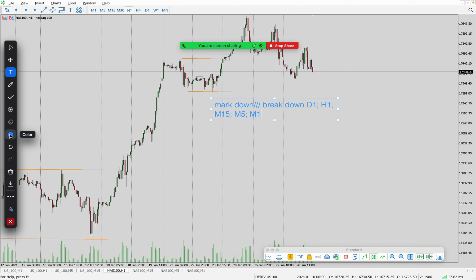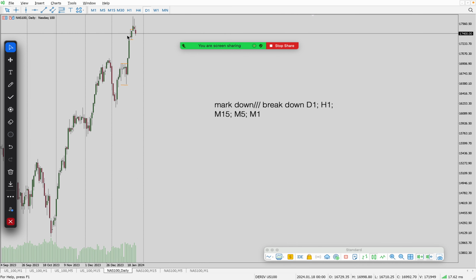Let me just change the fonts on here so people can see. Alright, so mainly this is what I'm looking for when I am trading. I'm looking to start from a bigger time frame and move downwards into a smaller time frame.